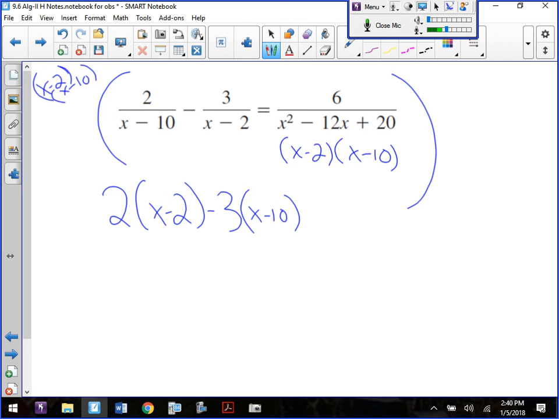Third fraction needs nothing. Gee, what do you think you're going to do next? Distribute, combine like terms, exactly.